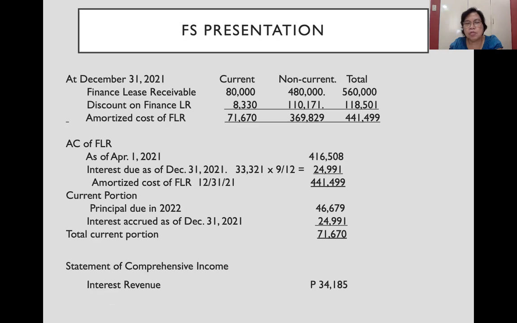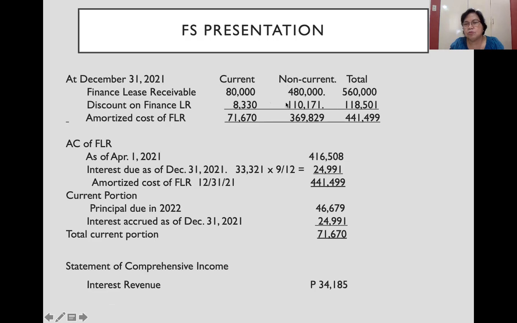But come April 1, 2022, you are collecting 80,000. So the appropriate discount there is 8,330. Therefore, this is a squeezed figure. That is 560 minus 80, that's 480,000. 118,501 minus 8,330.